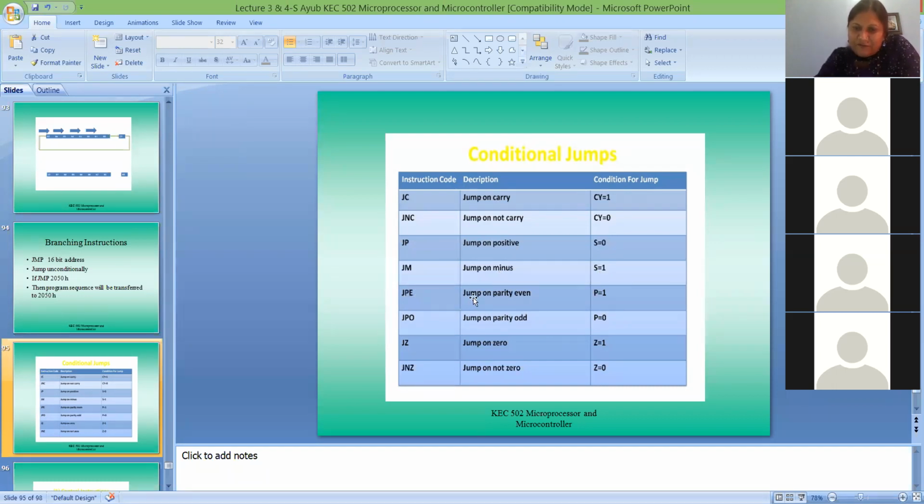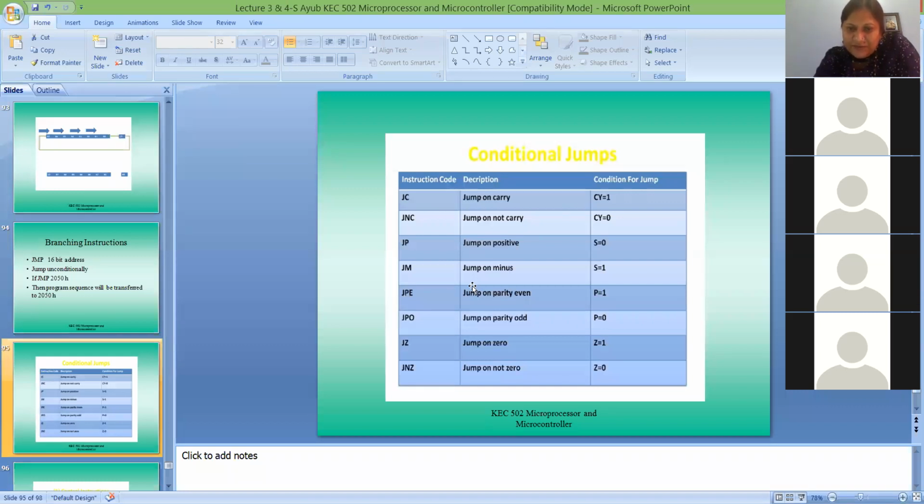Here you are checking parity. If your number of ones is even, then you jump to the memory location assigned with this instruction, JPE 16-bit address. Let's say JPE 2050. You have to check whether parity is even or not.